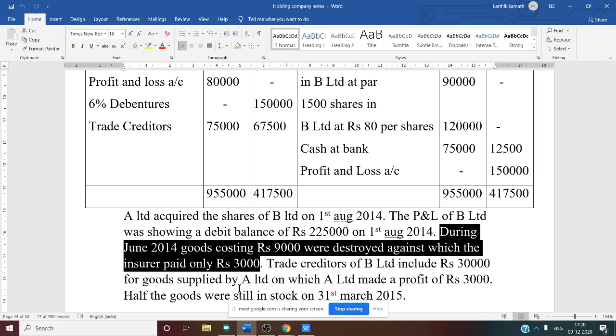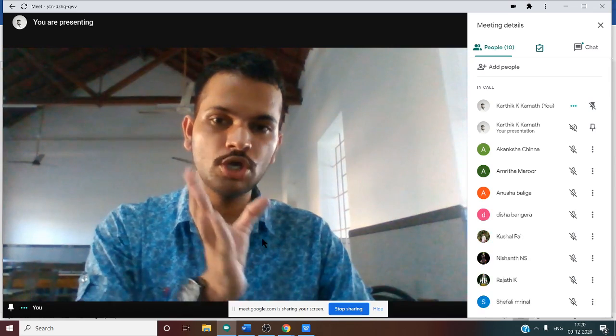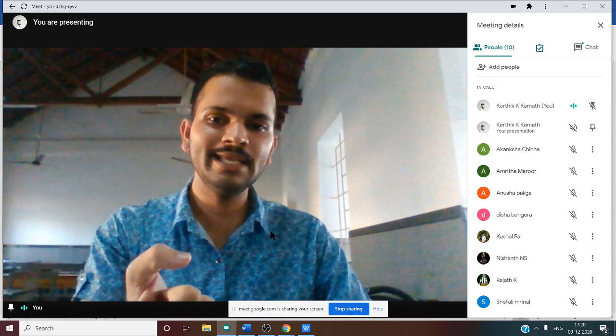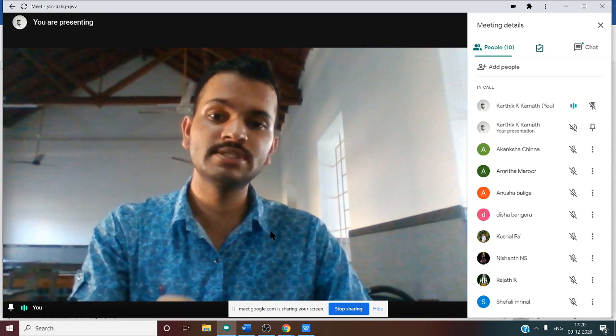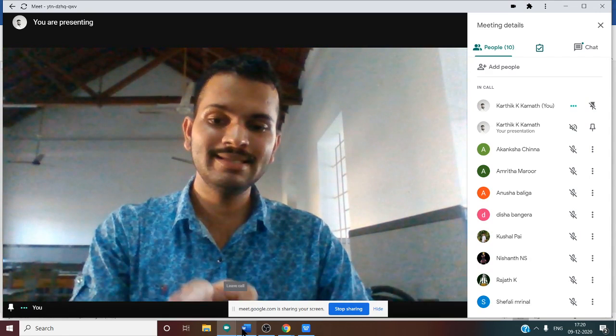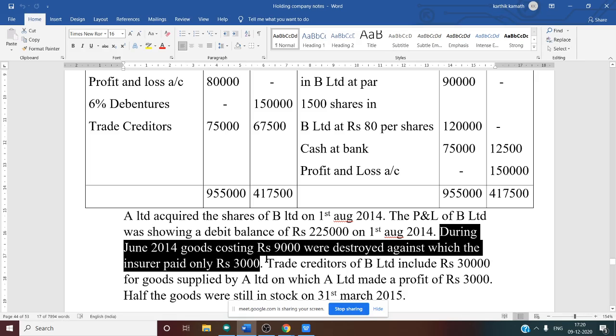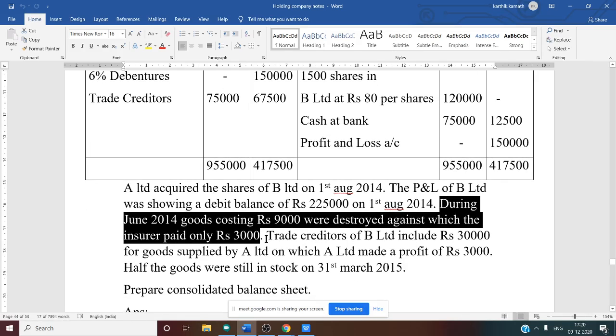So 9,000 worth of goods were destroyed, only 3,000 paid by the insurer, which means the remaining is still a loss, not compensated by the insurance company. That is easy: 9,000 minus 3,000, you will get 6,000.